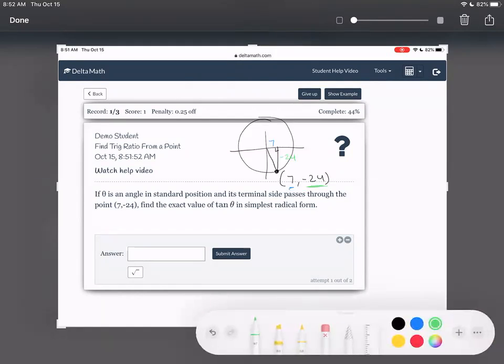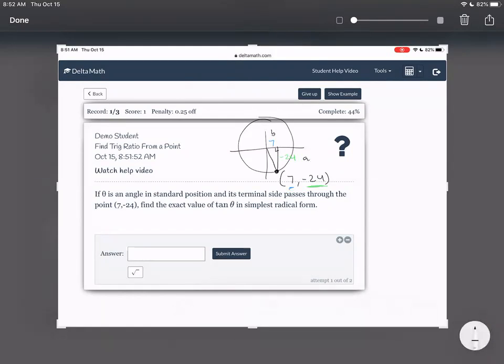Okay, then we're going to use our Pythagorean theorem. Remember, it could be A or B, it doesn't matter which one, so let's just do B and A like that. Literally, it doesn't matter if we switch the order. And then we have C over there, so solving for C. We got -24 squared plus 7 squared equals C squared.